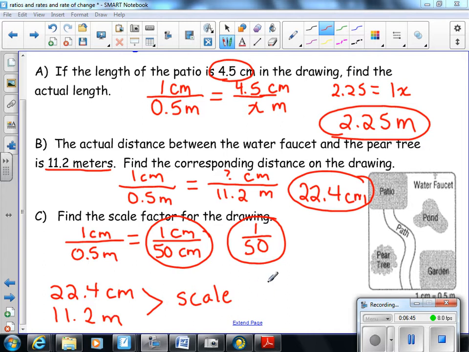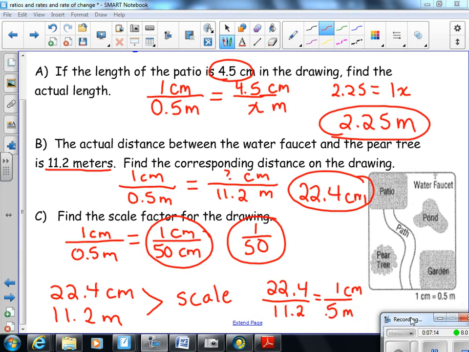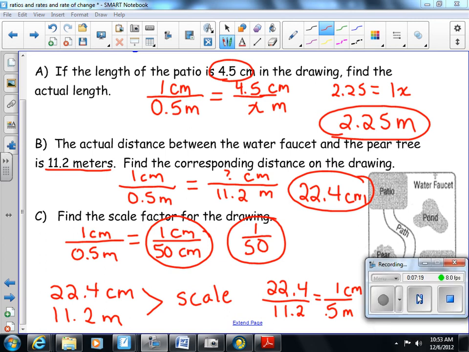So you set it up as 22.4 over 11.2. Now this number has to be 1. What do I do to 22.4 to get it down to 1? I divide it by 22.4. So do the same to 11 and 2/10: 11 and 2/10 divided by 22 and 4/10, or use it just like a proportion, and you get 0.5. So that's telling me that for every 1 centimeter, it's going to be half of a meter. And that's the way that I turn given information into a scale.